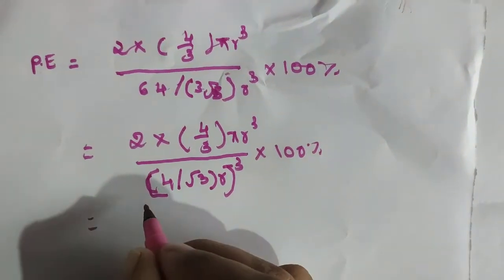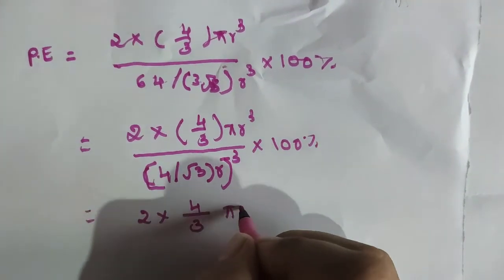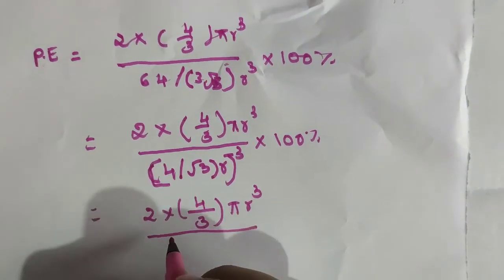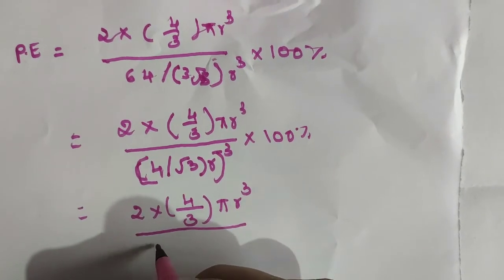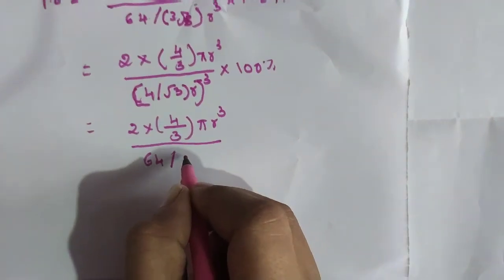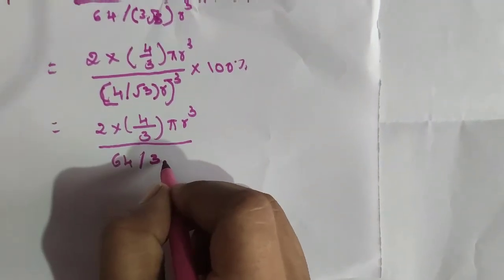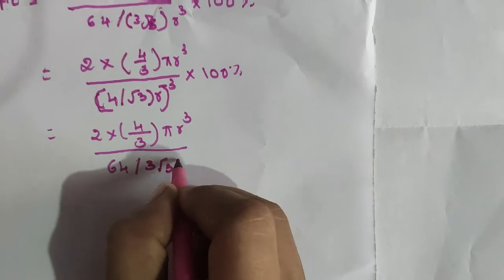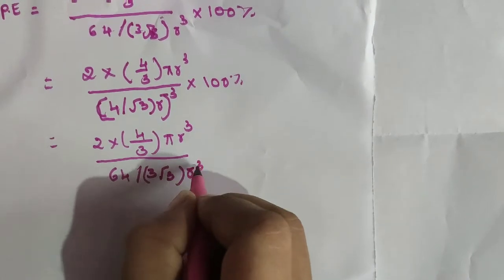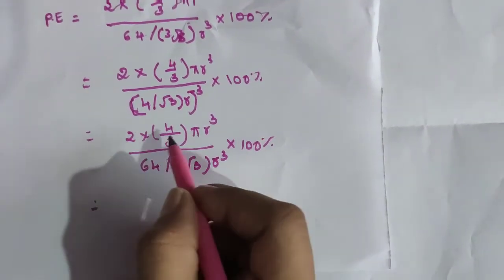On simplification, what we will get: 2 into 4 by 3 pi r cube divided by 64 by 3 root 3 r cube into 100 percentage. Again you can simplify the above one.